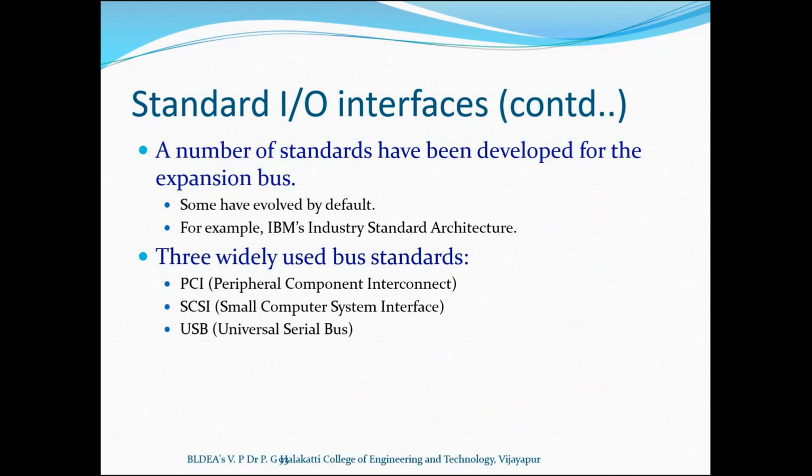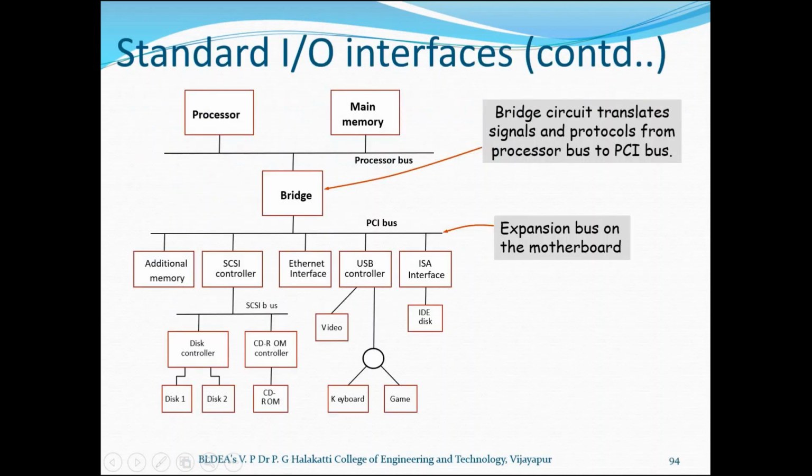These interface circuits are used in a computer system to connect different peripheral devices. Now let's see it through a diagram. You can see here. The PCI standard defines an expansion bus on the motherboard.